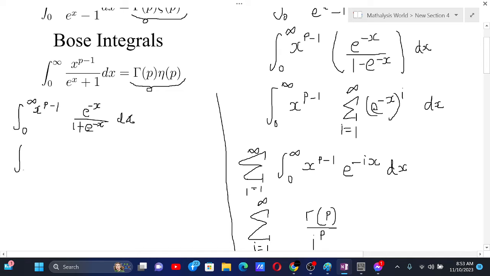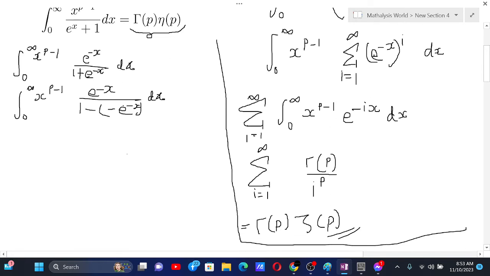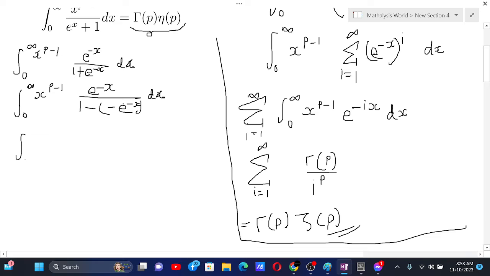Now we'll bring it to the formula of the geometric series, a by 1 minus r, so that gives us e to the power minus x by 1 minus minus e to the power minus x, dx. With that, since r is less than 1, we can take it to a geometric series.